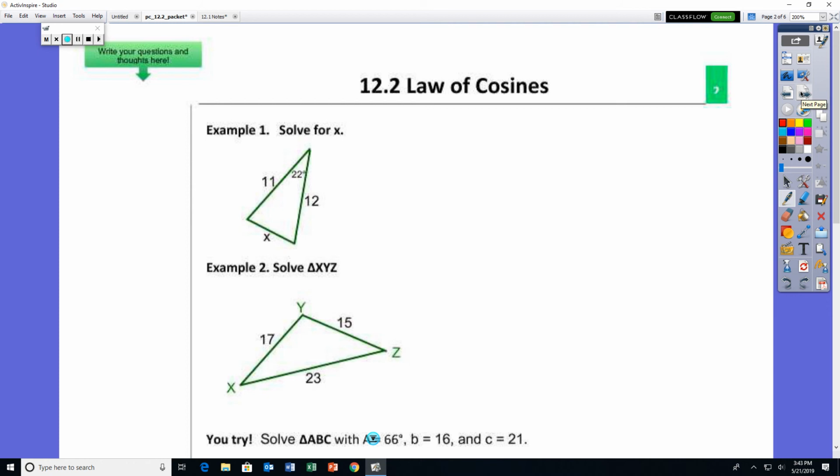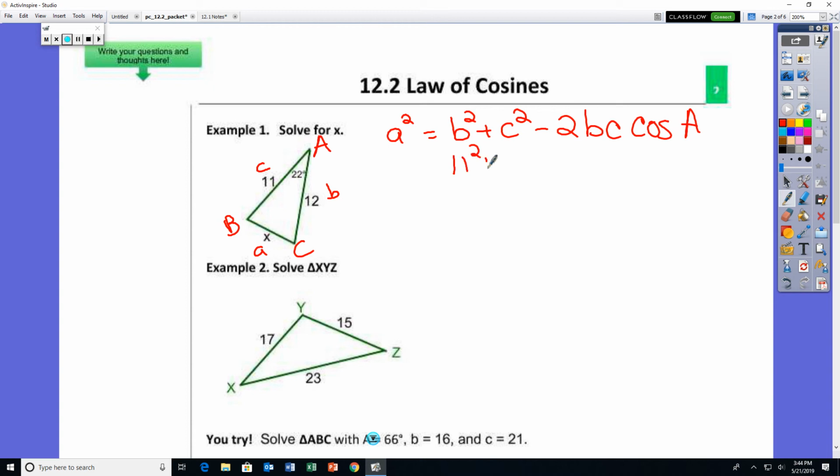So a couple examples right here. First example, finding x. Well, for this triangle, I need to know which angles are which. So I'm just going to label this angle A, angle B, angle C, little c. So I'm looking for side a, or a squared. From our formula, a squared will equal b squared plus c squared minus 2bc cosine of angle A. This will get me 11 squared plus 12 squared minus 2 times 11 times 12 times the cosine of 22 degrees.